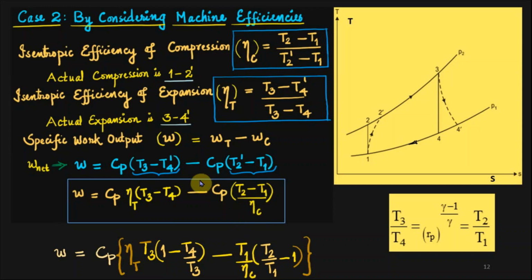So T1 by eta C is outside the bracket, and within the bracket there will be T2 by T1 minus 1, because you are taking T1 outside. Why do you do this?